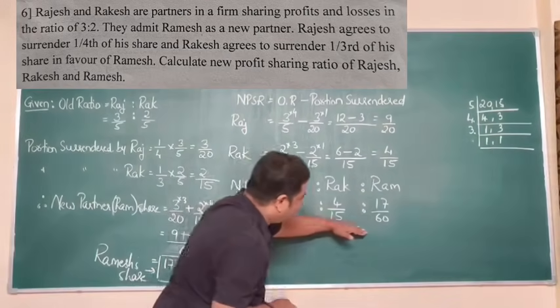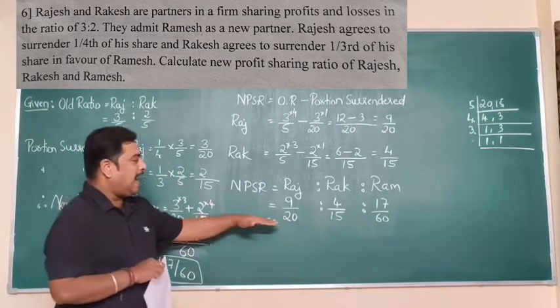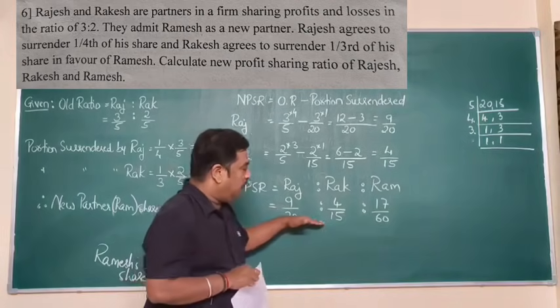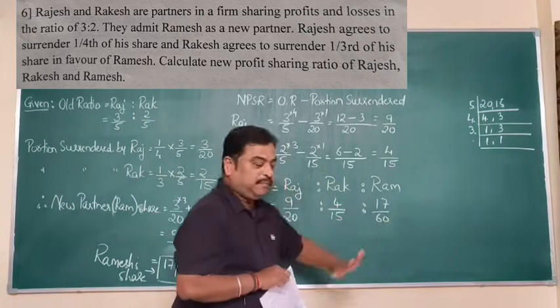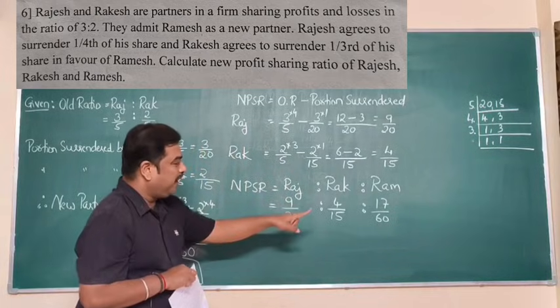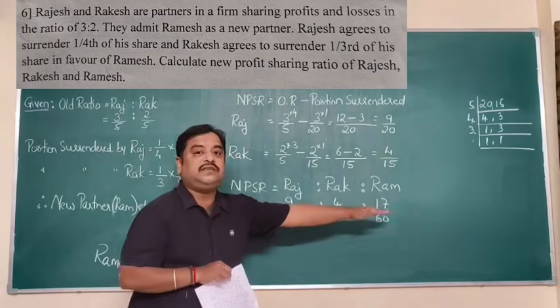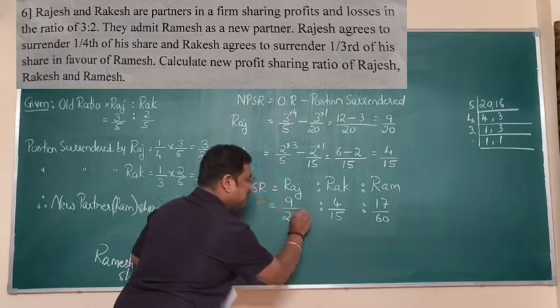Three denominators have come out different. What are the options you have? Either make all 20, or make all 15, or make all 60. I think it's easy to convert 20 and 15 into 60 very easily. So what will we do? 20 3s are 60.